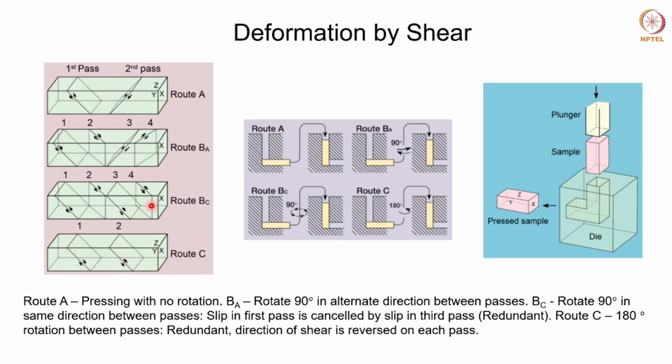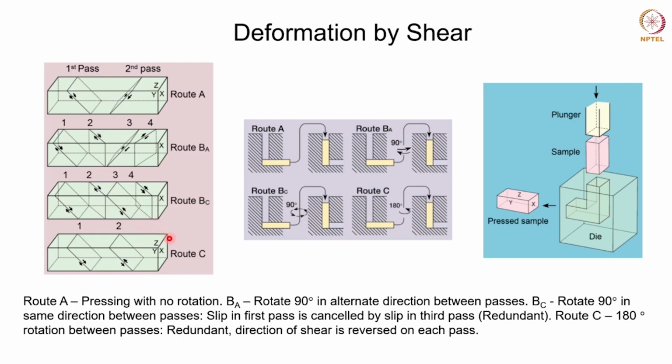If you look at the character of the slip or the deformation between the passes as the billet is rotated, you can see, for example, in route BC over here, the deformation or slip in the first pass is cancelled by slip in the third pass. That means the direction of slip in the first pass and in the third pass will be opposite to each other.